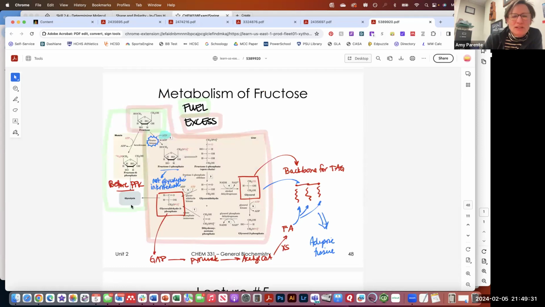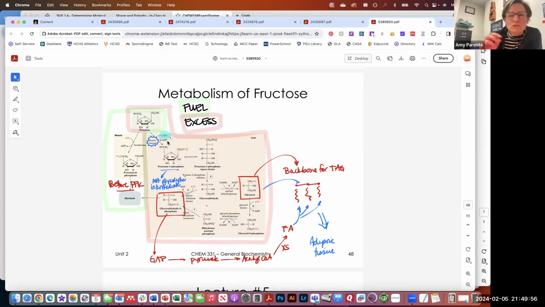It metabolizes normally. But if you have excess fructose and it needs to be metabolized in your liver, why this is problematic is there's no regulation of this enzyme. And so you are going to rapidly deplete your ATP levels.